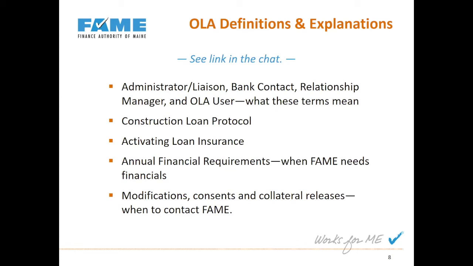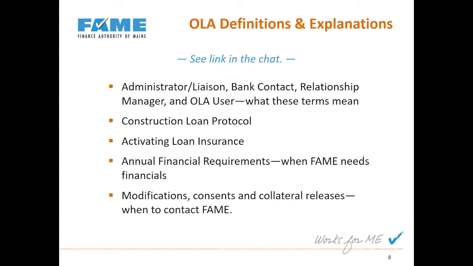Per FAME loan documents, the signed authorization and commitment fee are to be returned to FAME within 30 days. This provides assurance of the loan closing and pays for any due diligence by FAME. So as you know, when a loan is approved, you usually receive the authorization, and then you receive the fee invoice. The fee invoice will have your annual insurance fee if that's what you've picked, and then your commitment fee.